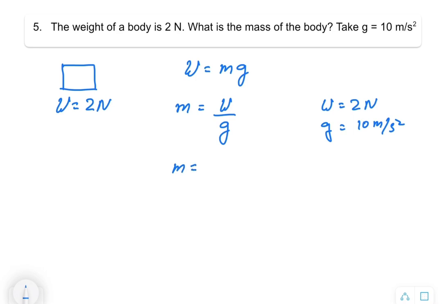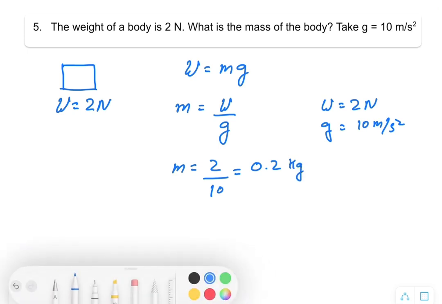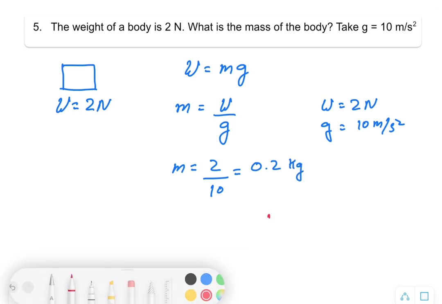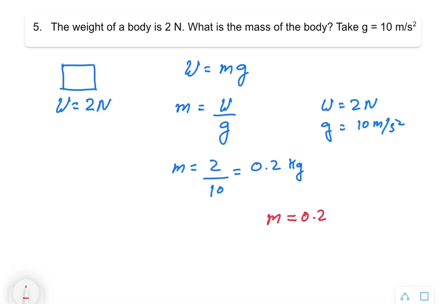So m will be equal to 2 newtons divided by 10. So this will give me the mass 0.2 kilograms. So the mass of the body weighing 2 newtons is 0.2 kilograms.